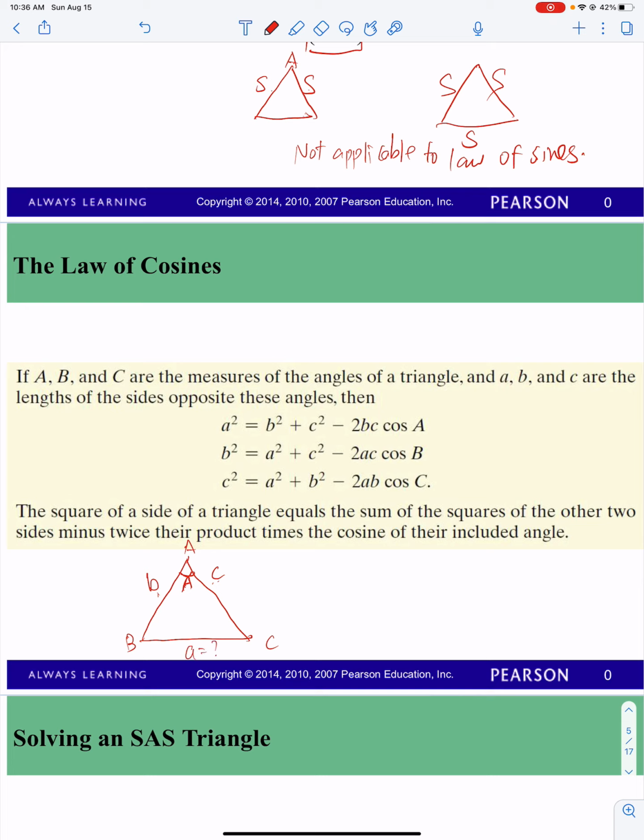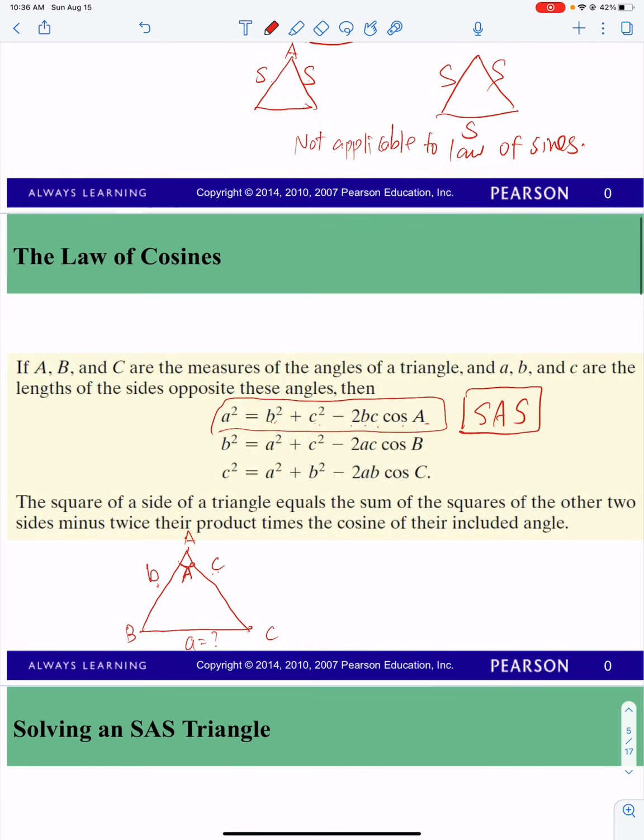We know that a squared equals b squared plus c squared minus 2bc cosine of a. These are two sides and the angle in between, so this is the case for SAS.